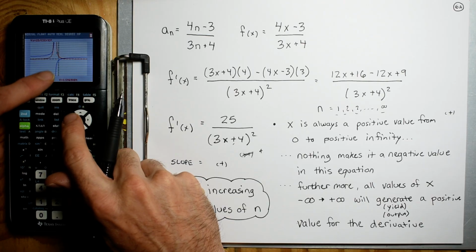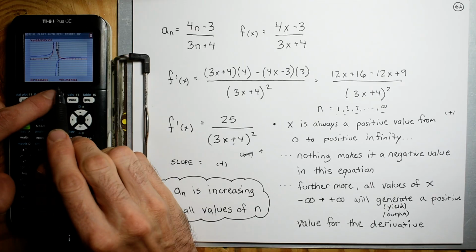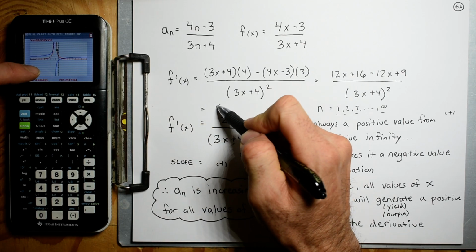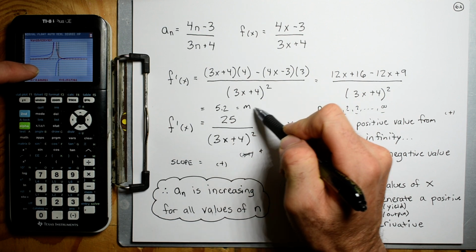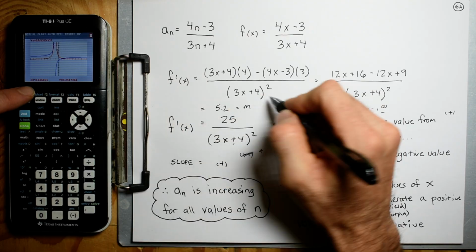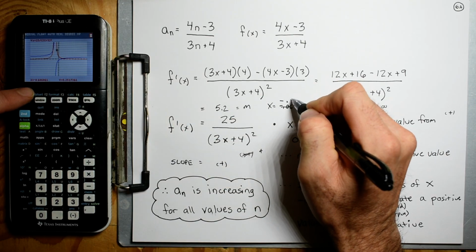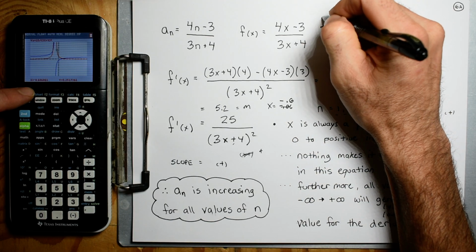You see how this blue line has a real big positive slope? Let's see what this value says. The value of the red line says 5.2. So this value of the derivative says 5.2. Guess what? That's the slope. And where x is negative 0.6, we're going to throw in an x value of negative 0.6 here.